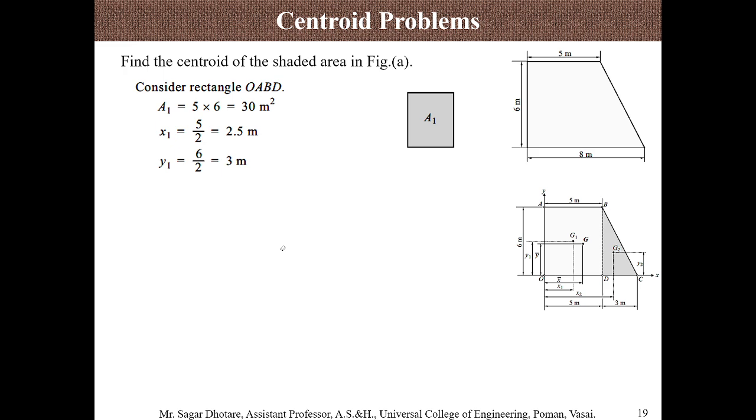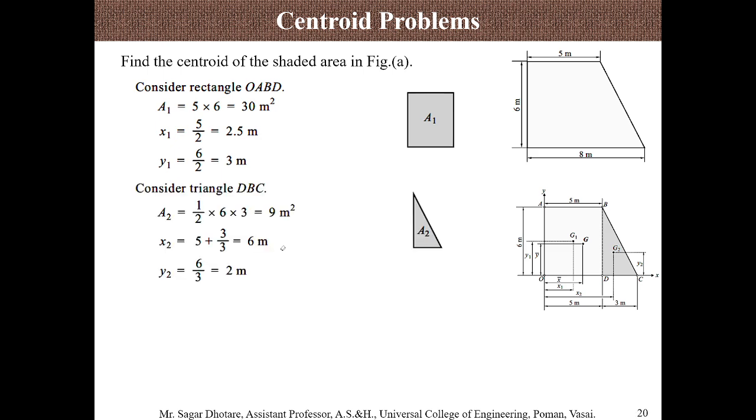Based on the values we can find the x bar. The width is 5 meter, divided by 2, and the height is 6, so 6 by 2. So the x1 coordinate is 2.5 and the y1 coordinate is 3 meter.